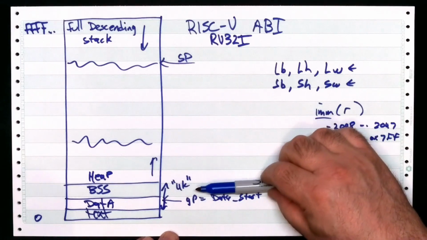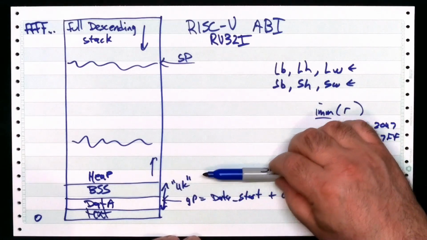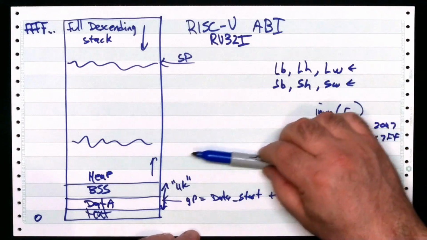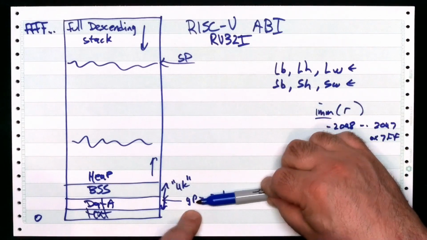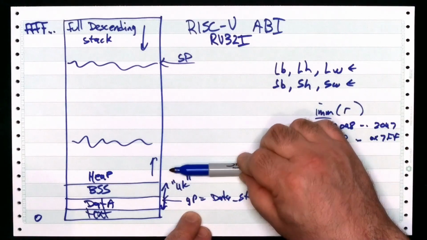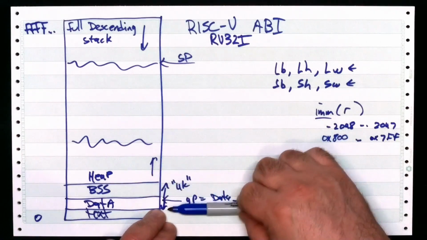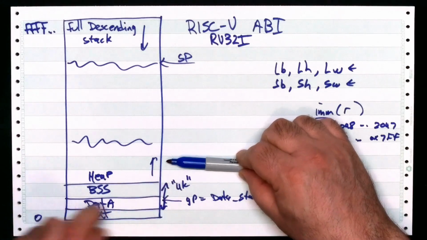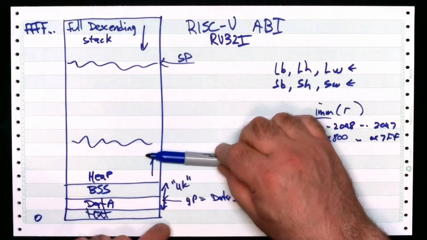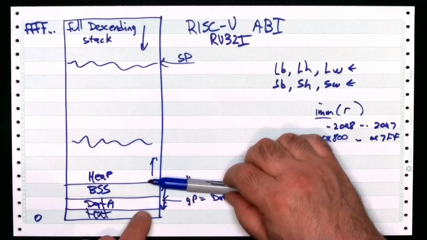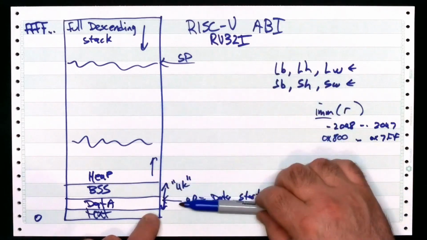Well, what you do is calculate 1 million and store it into another register, then add that to the GP register and create a new base register that points up here, 1 megabyte beyond the end of GP. That's how you would access things up in here, or maybe your data in the BSS is really big and you need that sort of thing.